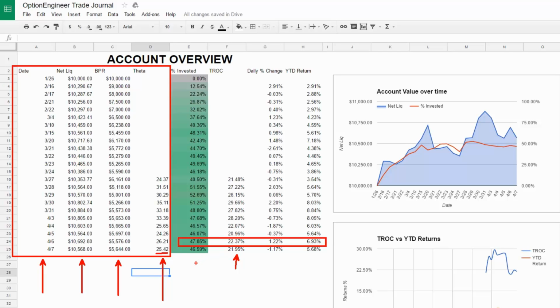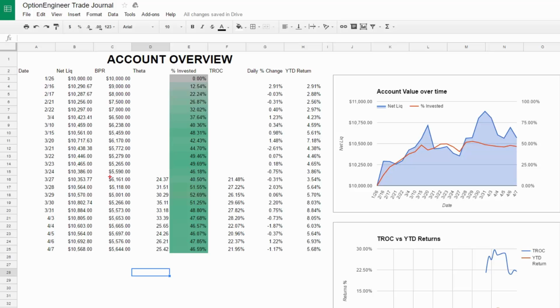This is important because as an option seller, you don't want to get over-leveraged, and you can easily get over-leveraged if you see a good opportunity and don't control yourself. I have a hard stop at 50%: I don't want more than 50% of my account value invested at any given point, just because I'm a newer options trader and I want to take things slow and steady.